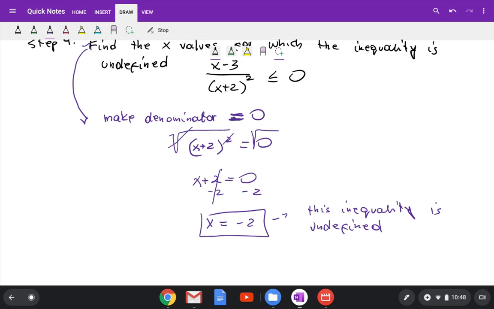So since we're talking about undefined values, when we finally start writing down the final solution, which are intervals, you will always keep the circle open.